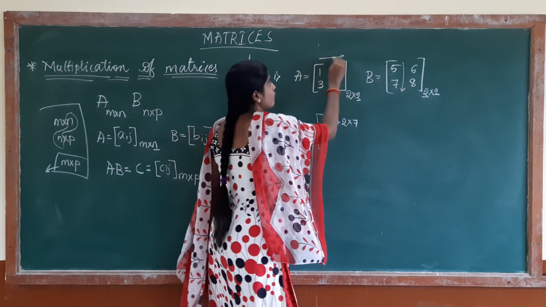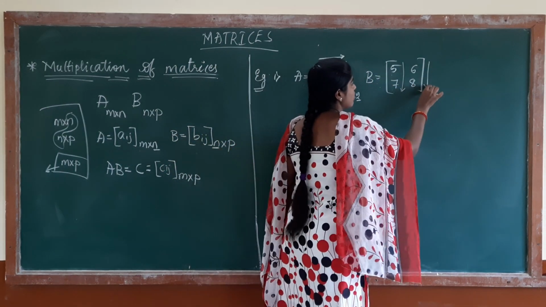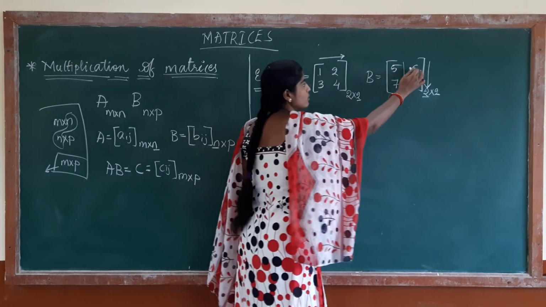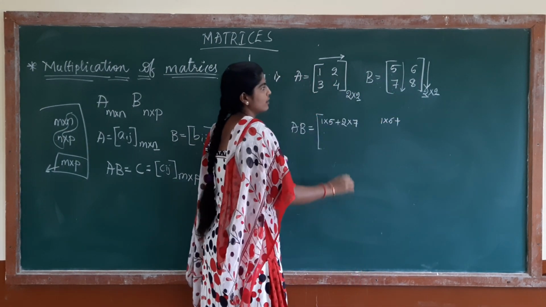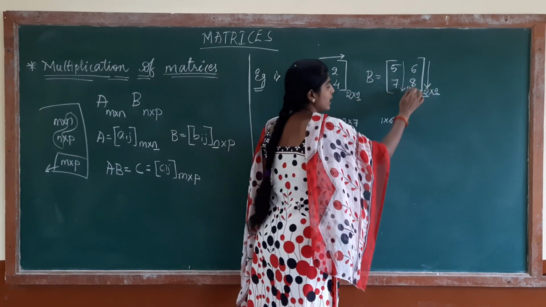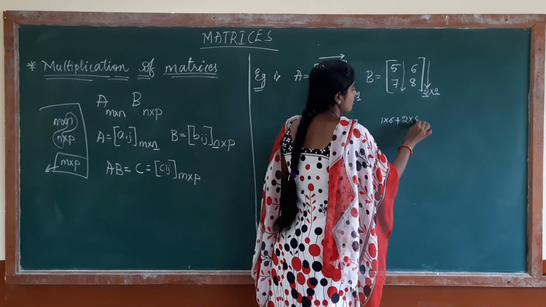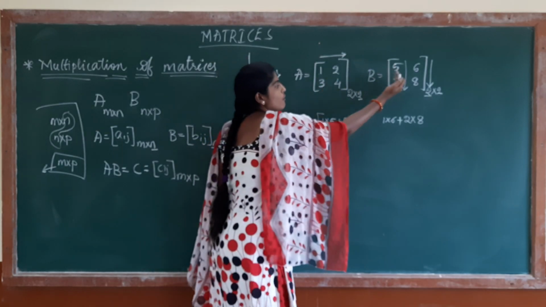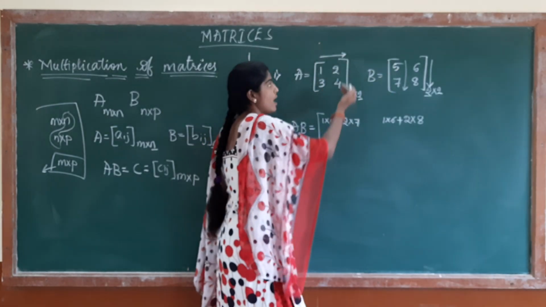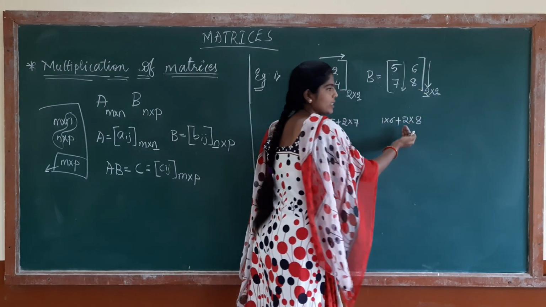Similarly, first row, second column: 1 into 6, then addition, 2 into 8. So the first row, first column is over, and the first row, second column is over.